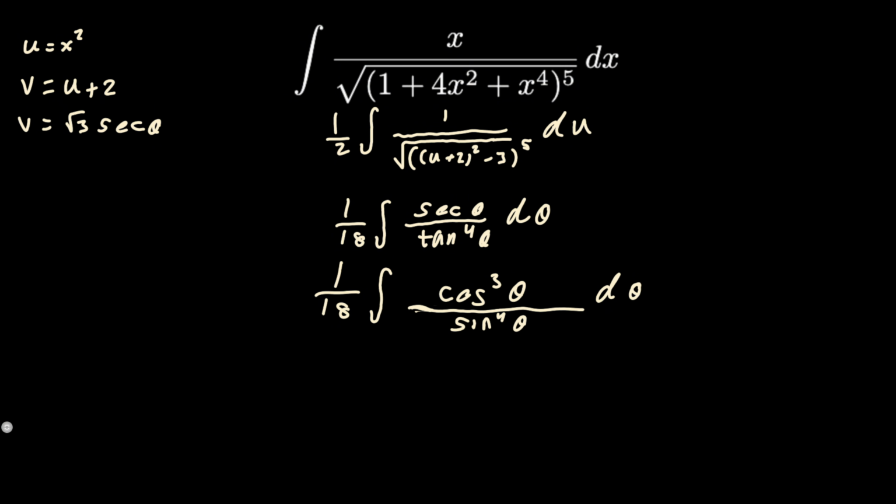And here, right, what we're going to pretty much do is we're going to use trig identities. So we have 1 over 18 times the integral of 1 minus sine squared theta times cosine theta all over sine to the 4 theta d theta, right?